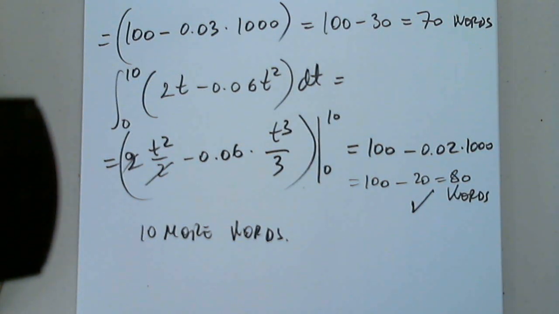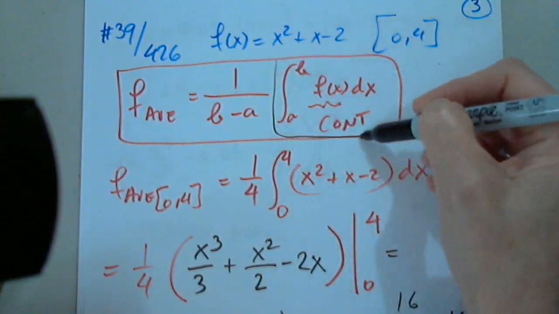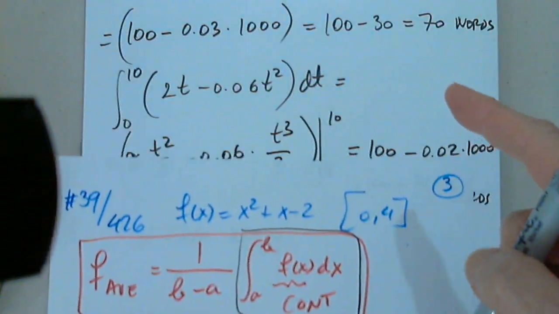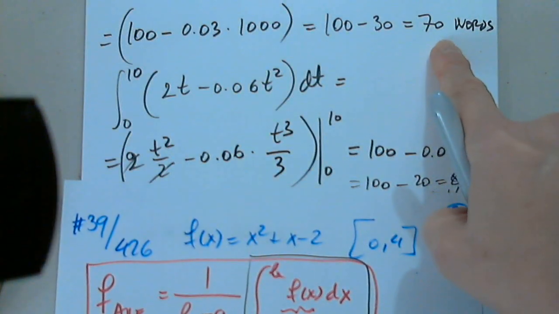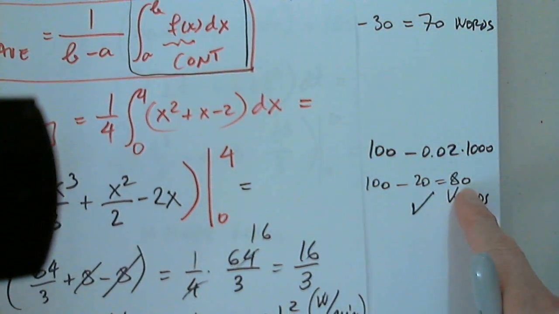And over the first 10 minutes, on average, how many words per minute did Bonnie memorize? We already calculated this. Let me go back to the previous page. We calculated this for Alan, and we calculated this for Bonnie.